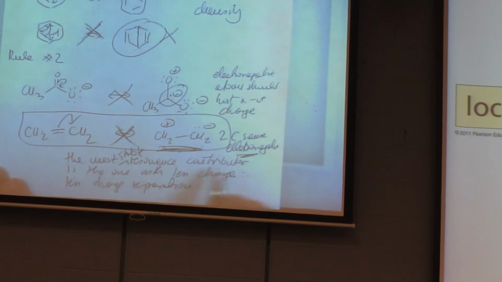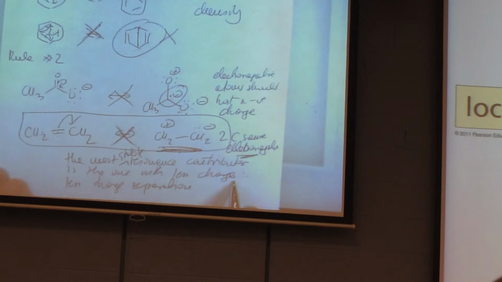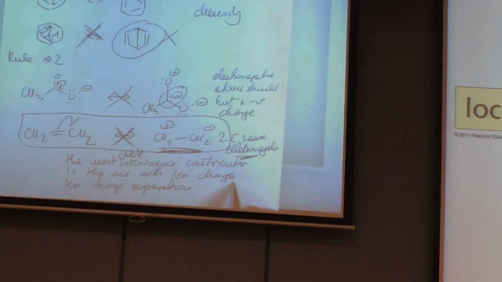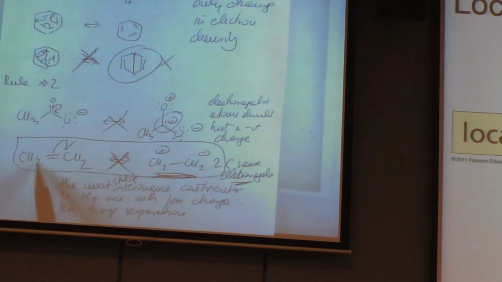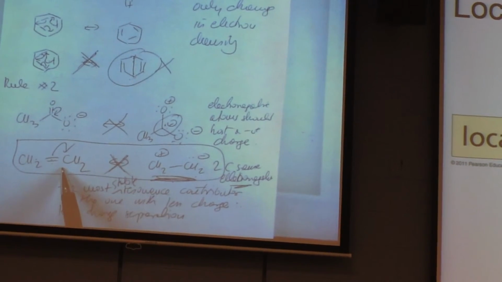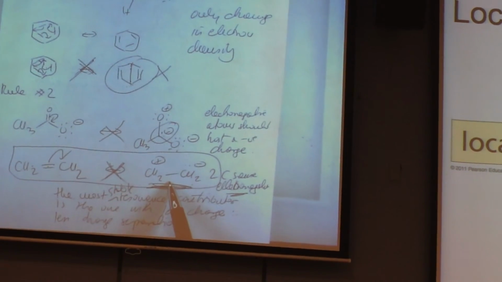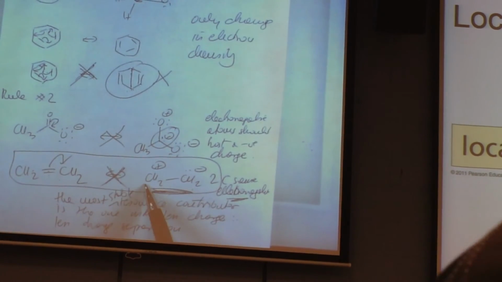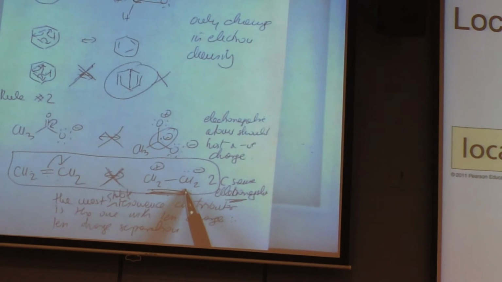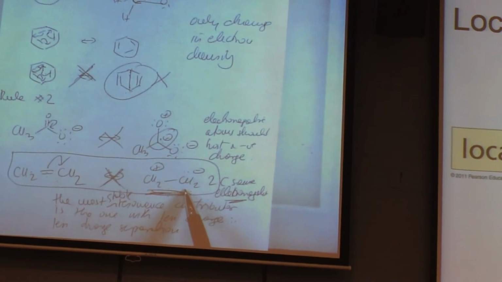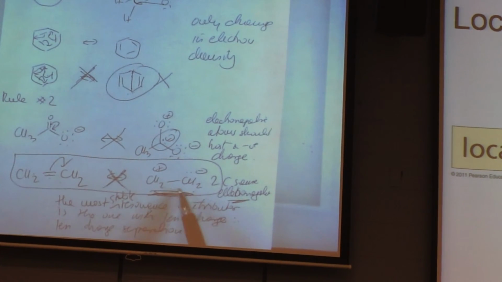The most stable resonance contributor is the one with less charge or less charge separation. So if you have a resonance contributor that's neutral, meaning no formal charge overall, and no formal charge on carbon, and then you have another resonance contributor where you create a charge separation, this resonance contributor, for many reasons, in addition to this one, is not stable.